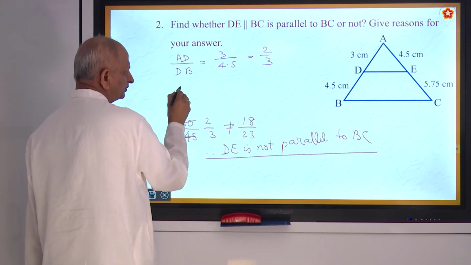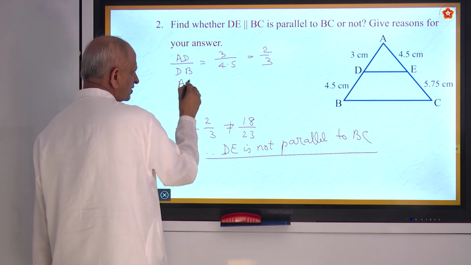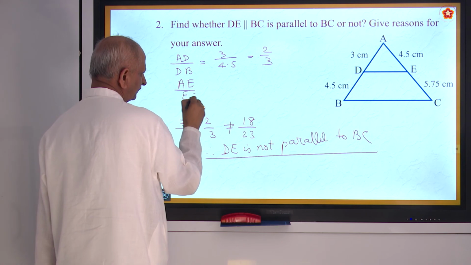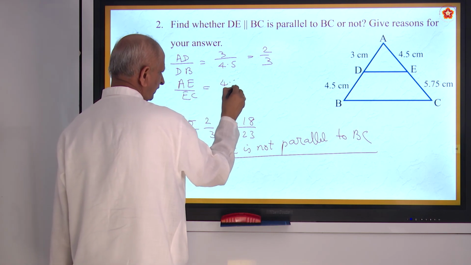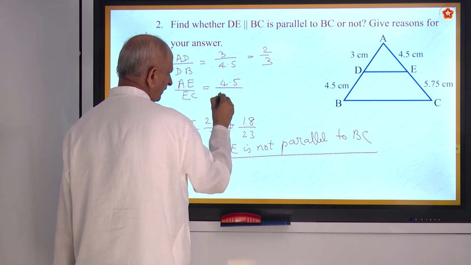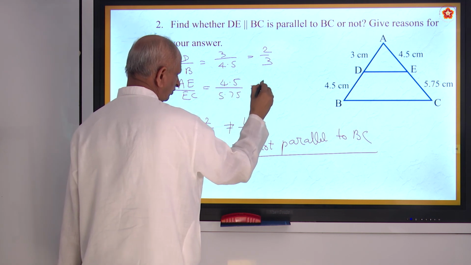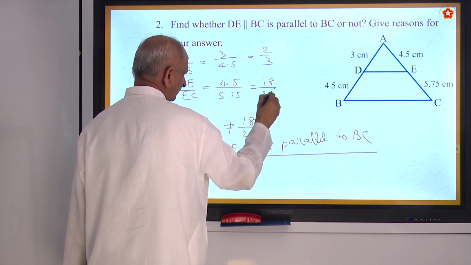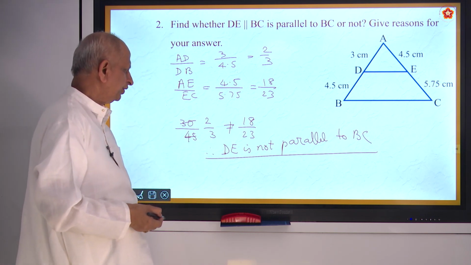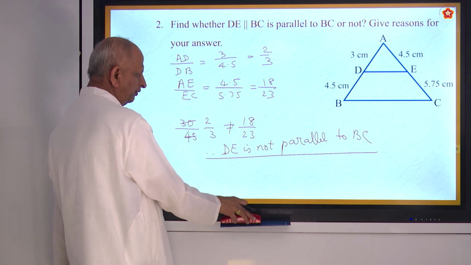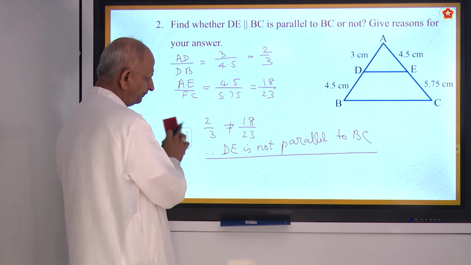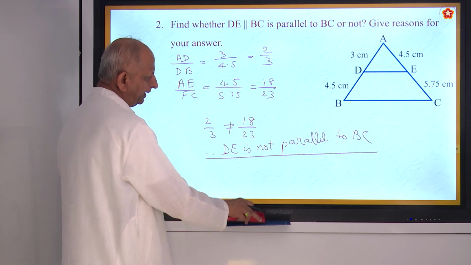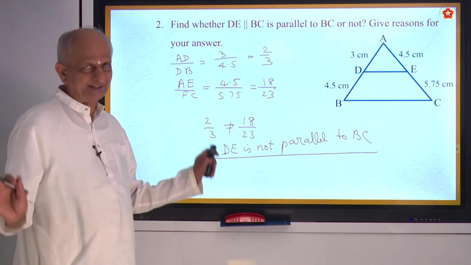Then you write AE by EC. That is 4.5 by 5.75. That is equal to 18 by 23. So as the two ratios are not equal, we say DE is not parallel to BC. That's all.